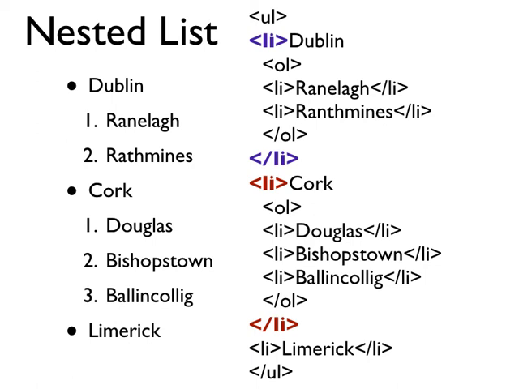And only when we've done Ranelagh and Rathmines can we close off Dublin. And similarly with Cork, we have an LI to start the Cork item, but inside Cork is Douglas, Bishopstown and Ballincollig. And only when we've done those can we close off that list item with Cork in it.